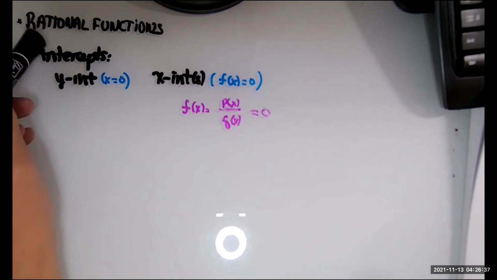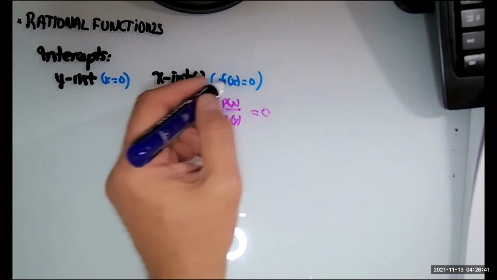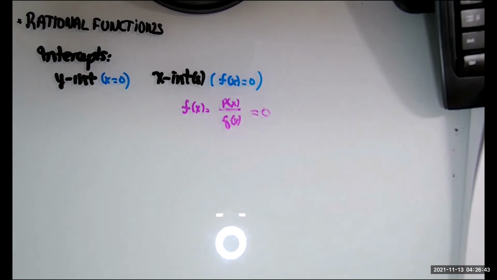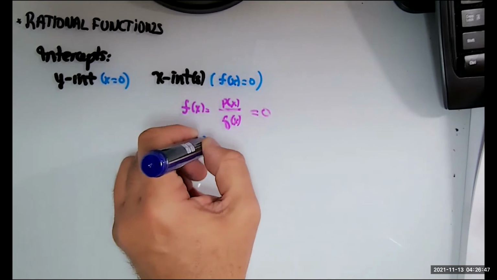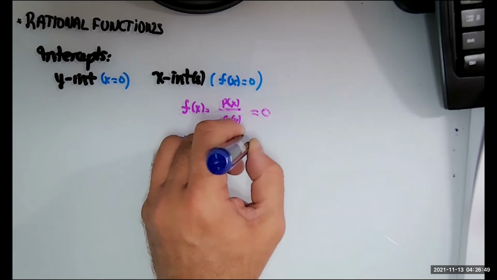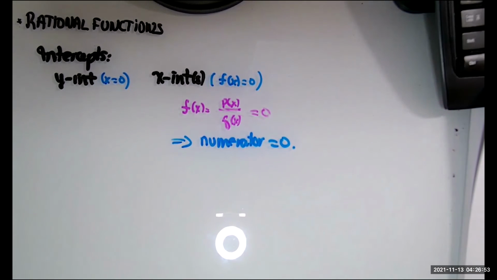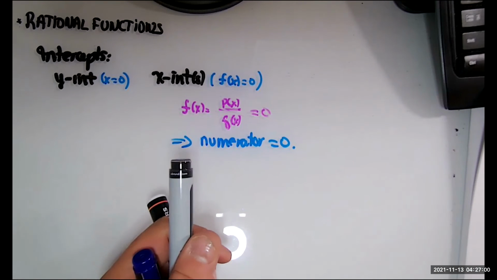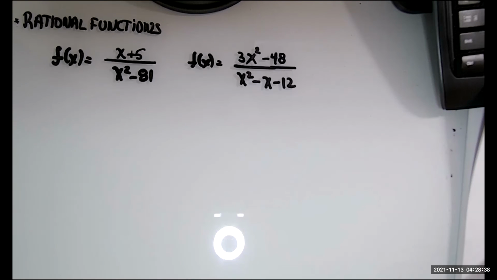Just because we are dealing with rational functions, instead of saying that the whole function equals 0, we can simply focus on the numerator. So what can we conclude? We just make the numerator equal 0. So let's do 2 examples of finding the intercepts.